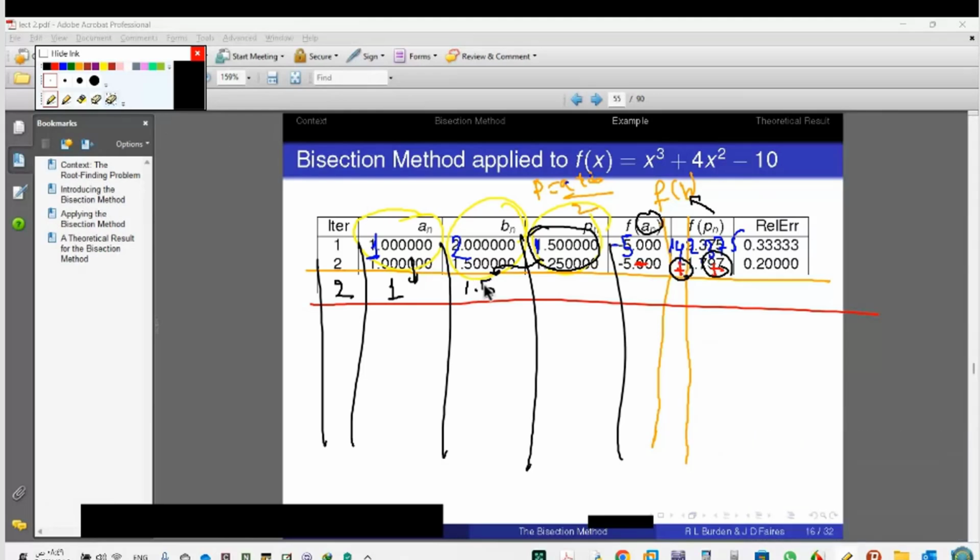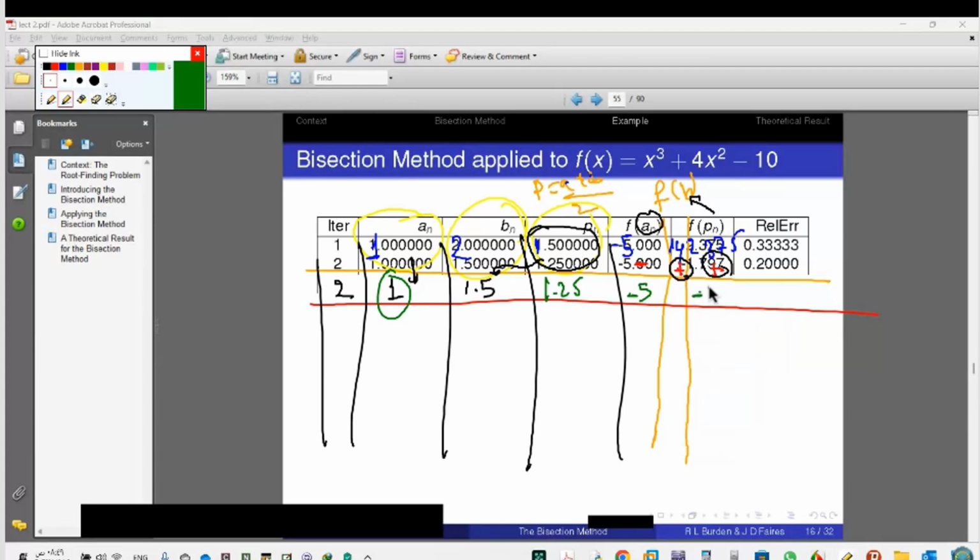Now let's see in your book. In your book it is 1.25 here. If I calculate like your book, it is 1.25. Now A is 1, so it's the same. F(A) is minus 5. Here F(P) is negative; you can calculate with a calculator.